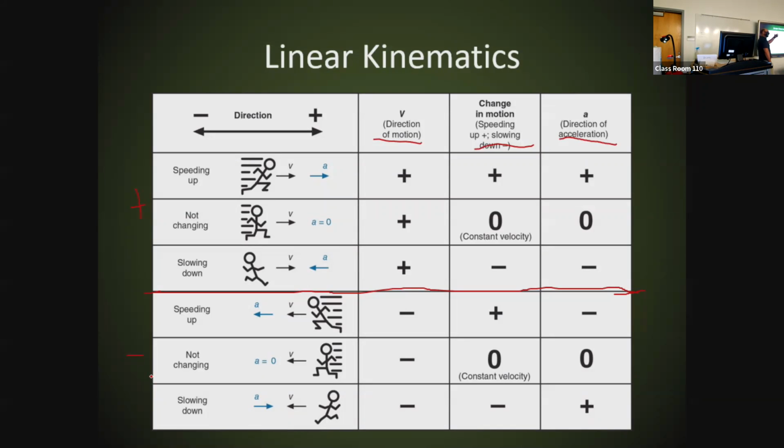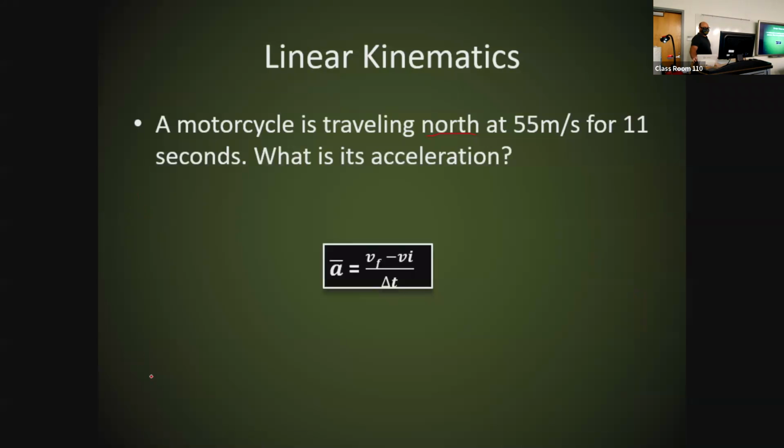It is increasing as they start to run faster and faster. Now let's say they get up to a certain speed and they're happy with that, and then they remain at a constant velocity. So we have a 0 change in motion. Their velocity is the same, and their acceleration then is 0. They're not increasing speed, they're not decreasing speed, they're maintaining it, just like the example that we just had.